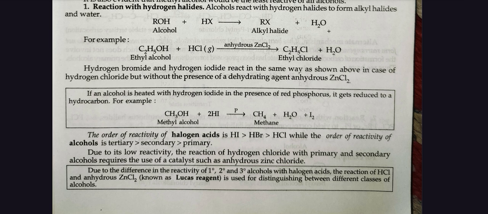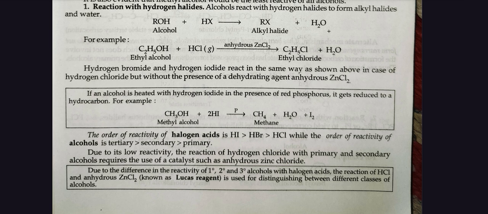If an alcohol is heated with hydrogen iodide in presence of red phosphorus, it gets reduced to a hydrocarbon. For example, methyl alcohol plus 2HI gives methane plus H2O plus I2. The order of reactivity of halogen acid is HI greater than HBr greater than HCl, while the order of reactivity of alcohol is tertiary, secondary, primary.